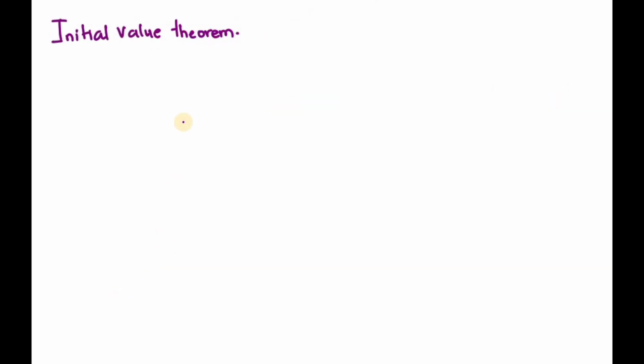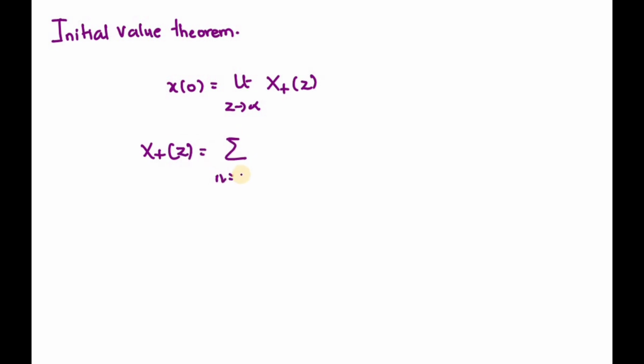So the next one is the initial value theorem. x of 0 is equal to limit z tends to infinity x plus of z. So what is x plus of z? The formula for x plus of z is equal to summation n is equal to 0 to infinity.